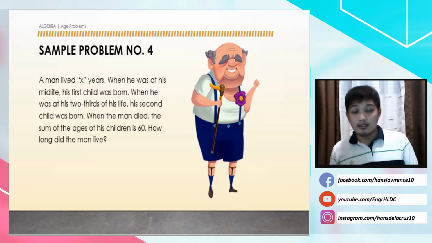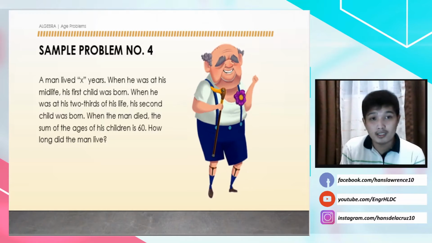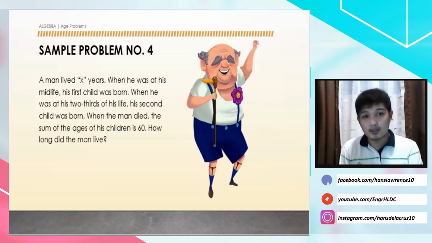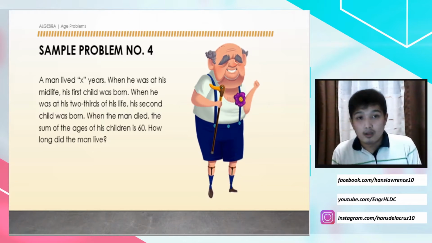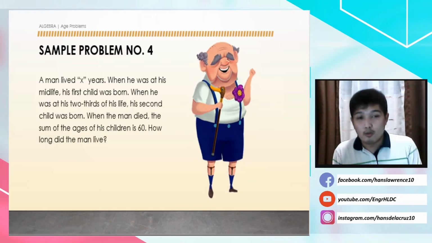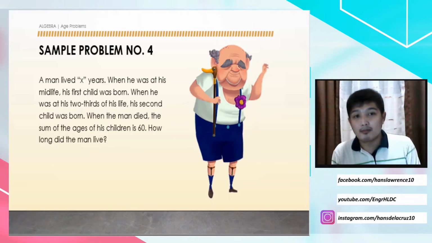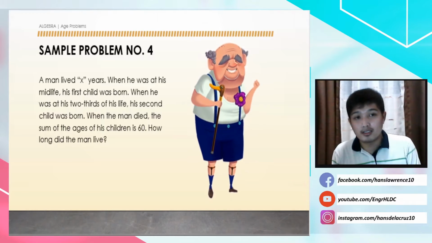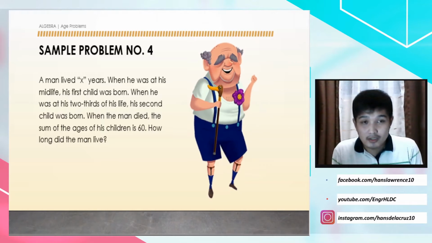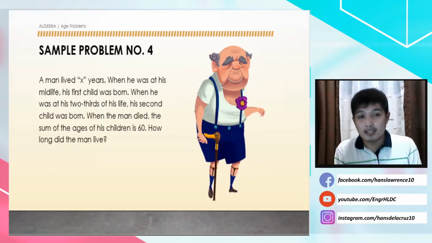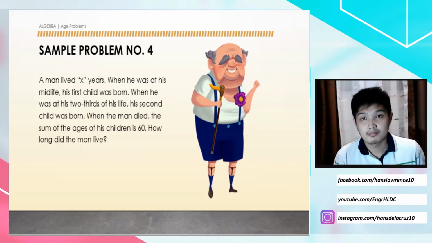And then next is when he was at his 2/3 of his life, so that is 2/3 of x, his second child was born. When the man died, the sum of the ages of his children is 60. So the question is, how long did the man live?